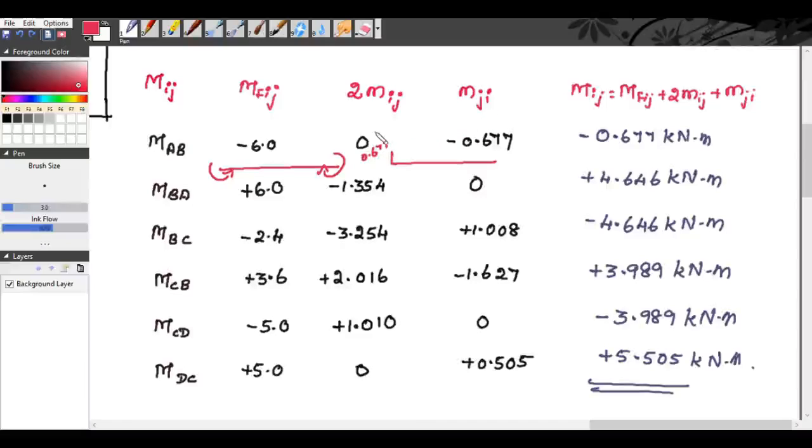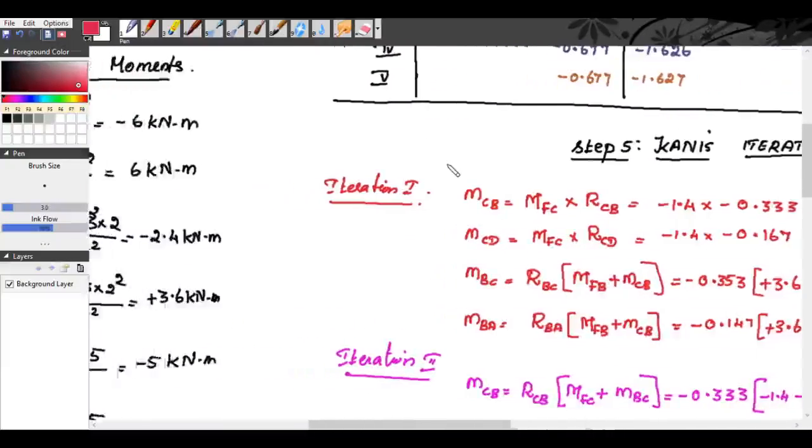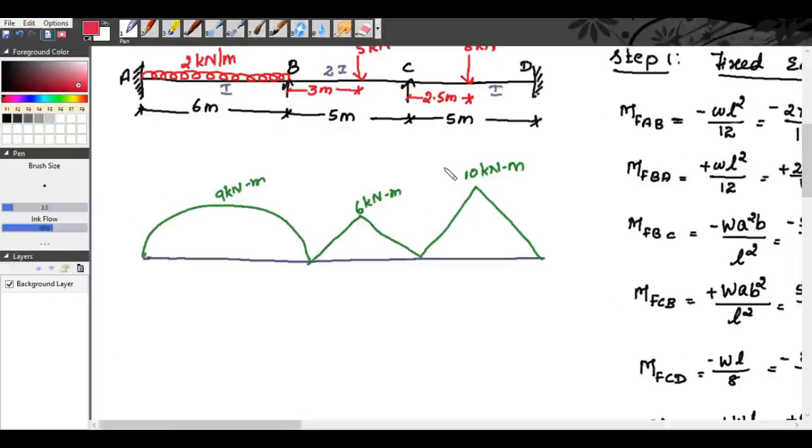So in our bending moment diagram, this is 6.677 and this is 4.646.